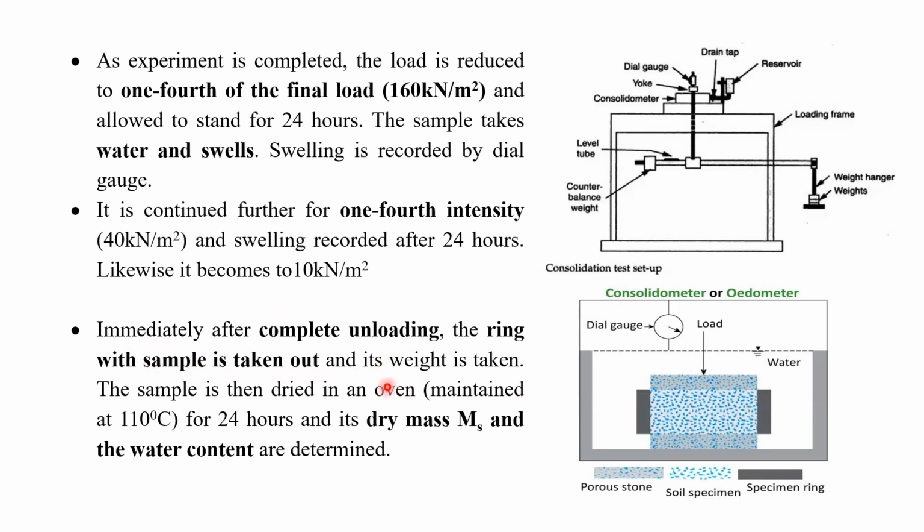The sample is taken out and its weight is taken, and after that we have to dry it. So the mass of dry soil we also have to find out. The water content can also be found, because from the initial weight and the final weight, the weight of water divided by the weight of dry solid multiplied by 100 is the water content.